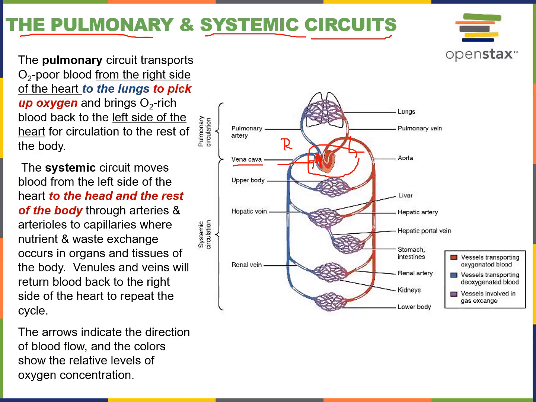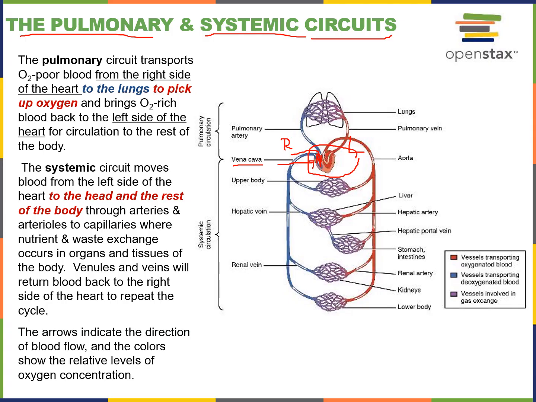There is an inferior vena cava and a superior vena cava. Those words meaning inferior vena cava collecting blood from the lower portion of the body, superior vena cava from head, neck, shoulders. But right now on this diagram, we've only got vena cava, and that is the major vein that returns deoxygenated blood to the right side of the heart.